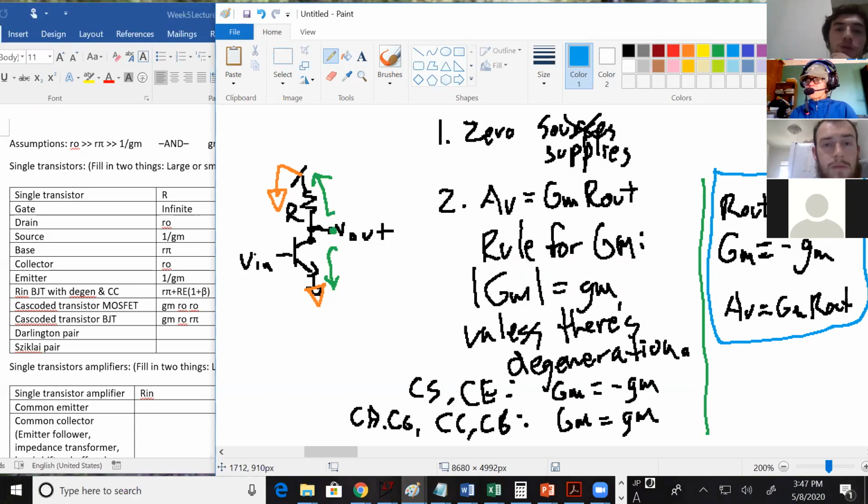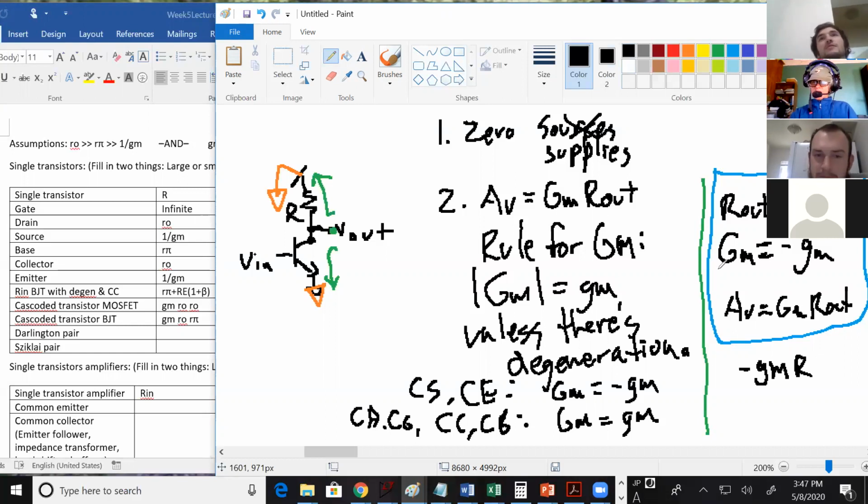And the R out, what can you generally approximate the R out of a passive load as? Is it r naught? It's R. Oh, it's smaller, my bad. Yeah, electrons like to go the easy path. So the gain here is minus gm times R, approximately.